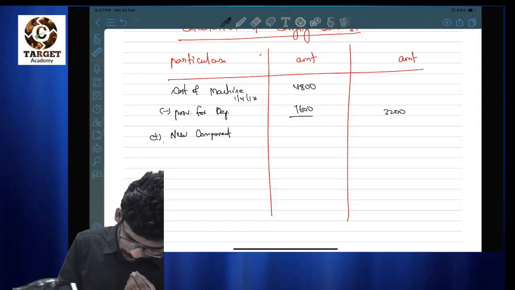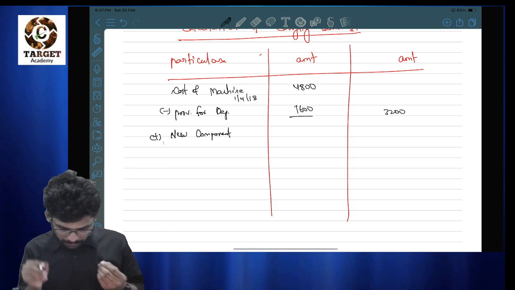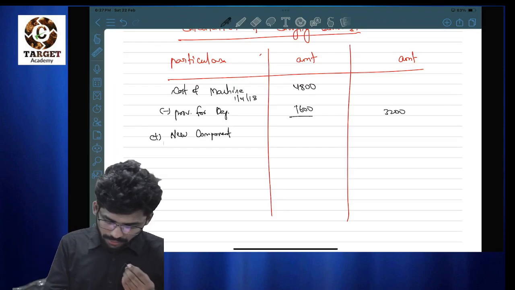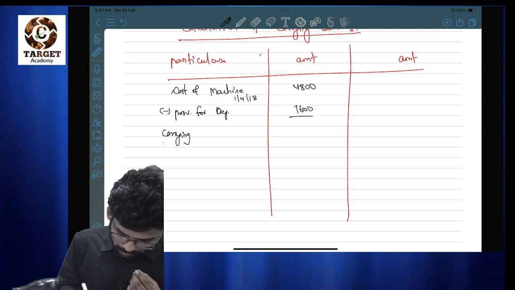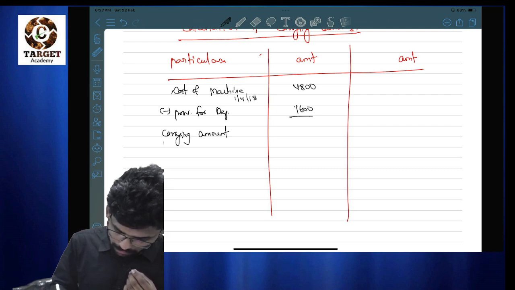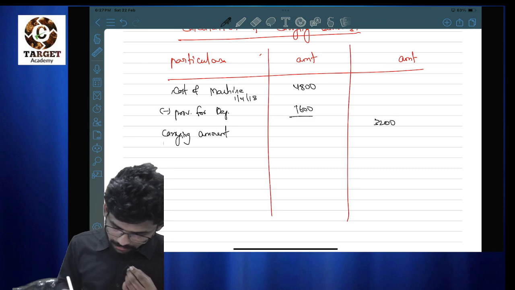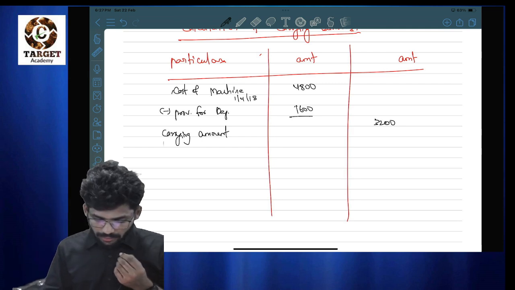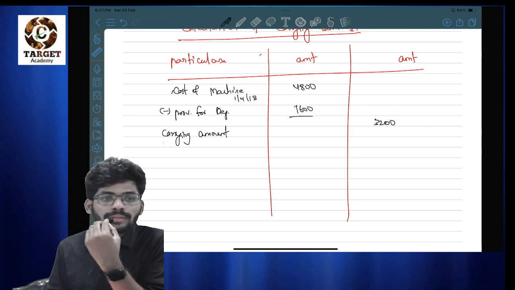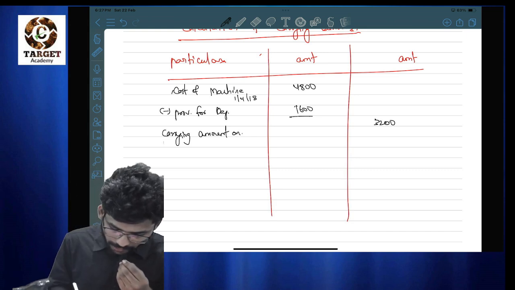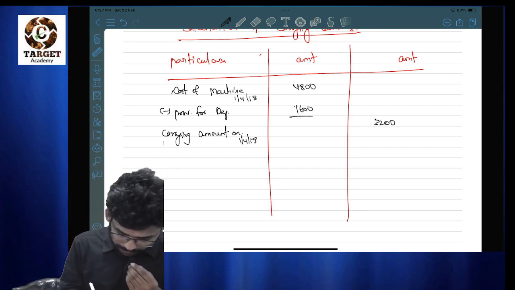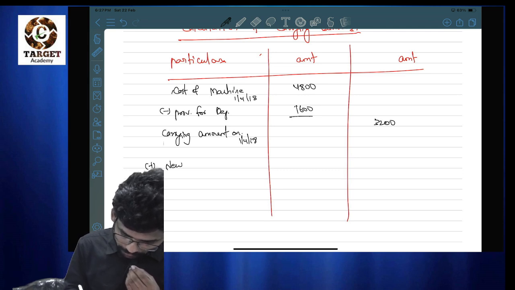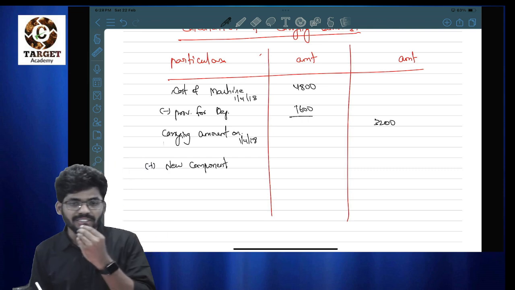Take here also 1/4/18. That's why the carrying amount on 1/4/18 is 3,200. Correct. Next, add the new component. Is any date given in the question? Same date, so on the first date only.